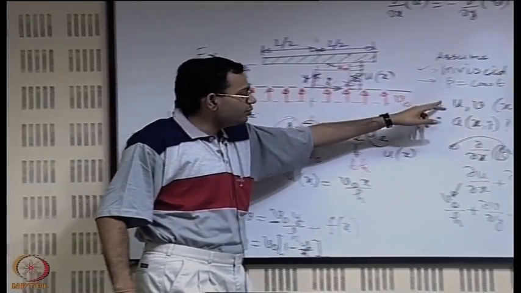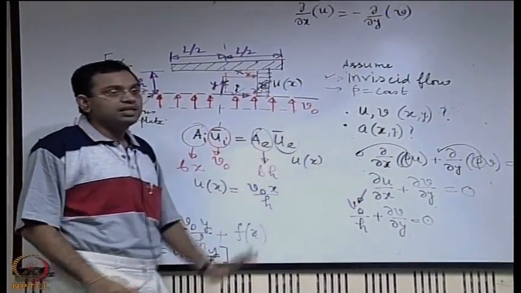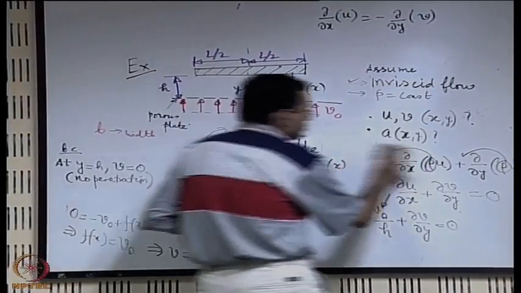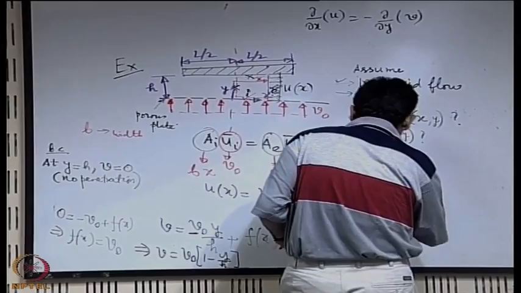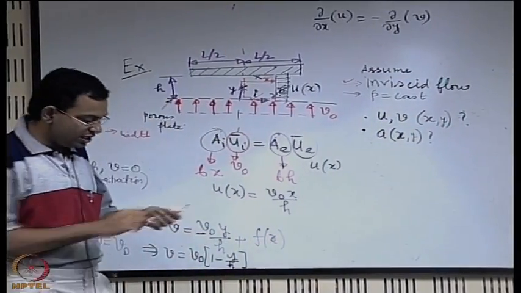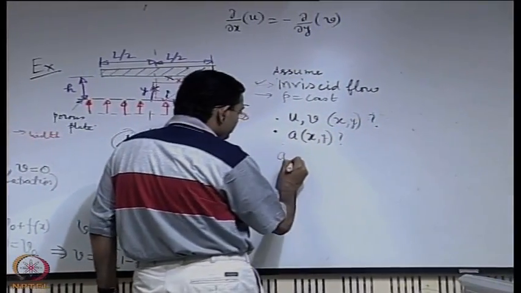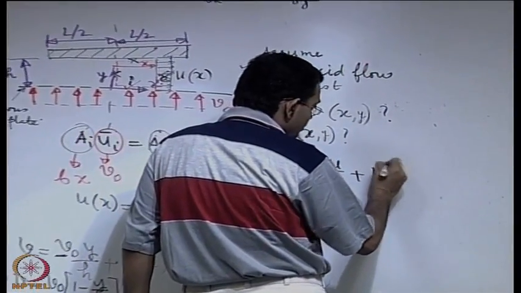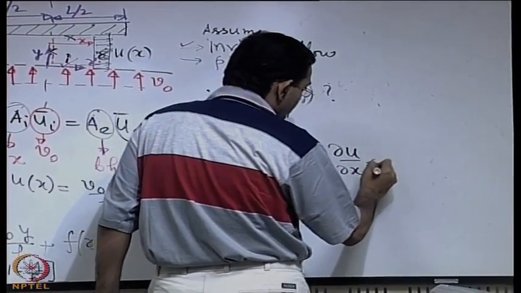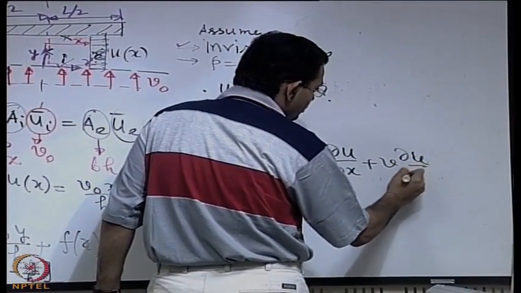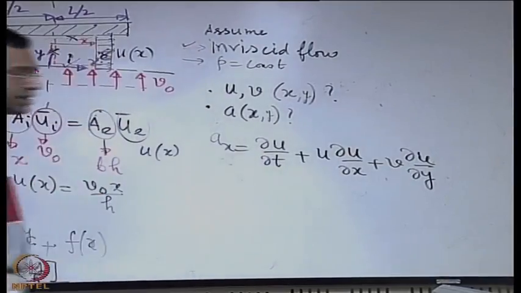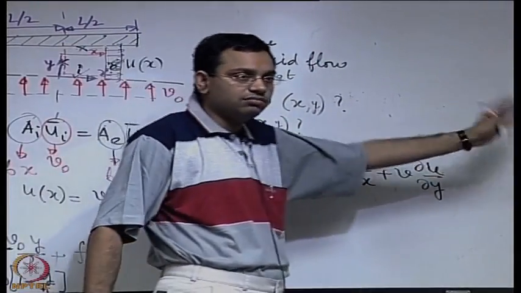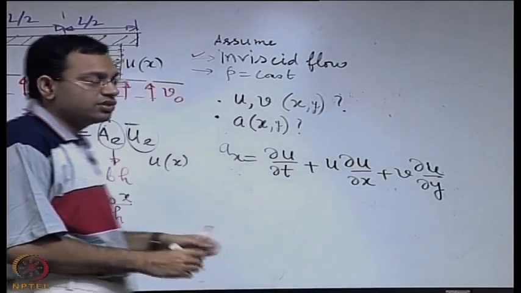Now the next is, we have got u and v. Acceleration is very straightforward. So how do you calculate the acceleration? Let us do that. What is acceleration along x? This we derived earlier. It is not a 3-dimensional case, so the w term is not there.